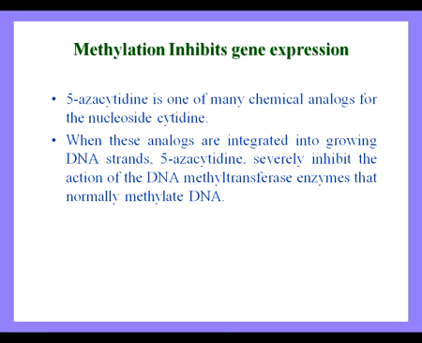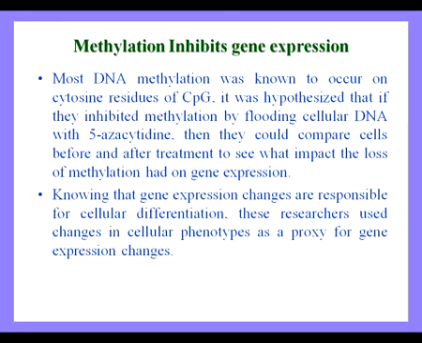When these analogues are integrated into growing DNA strands, 5-azacytidine severely inhibits the action of DNA methyltransferase enzymes, DNMTs, which normally methylate DNA. These methyltransferases were almost rendered inactive. Most DNA methylation was known to occur on cytosine residues of CpG. We know these are CpG islands, cytosine, phosphate, guanine islands.